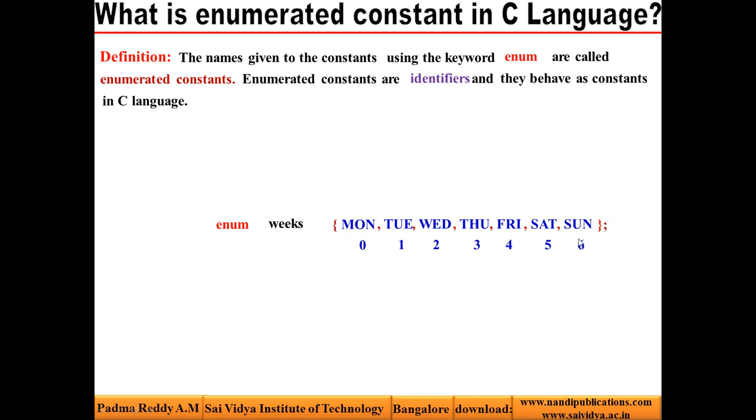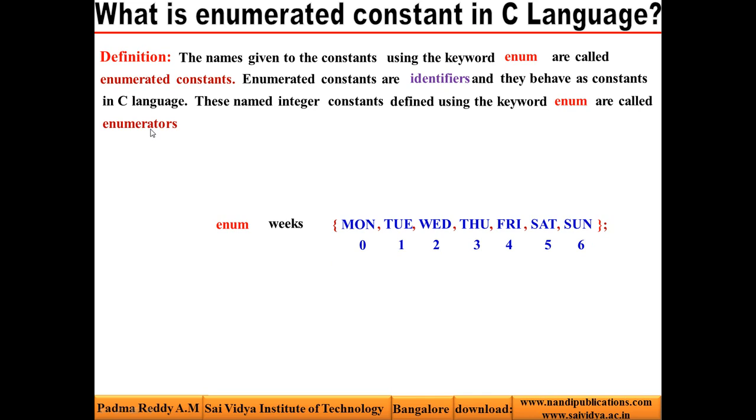These identifiers behave as constants the moment we associate them with the keyword enum. So these are the named integer constants defined using the keyword enum, and they are called enumerators or enumeration constants.